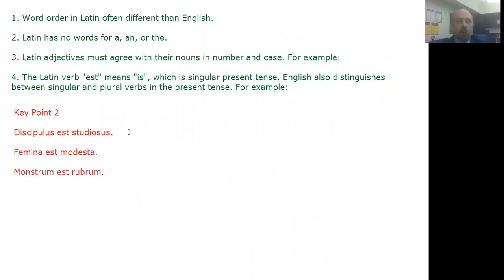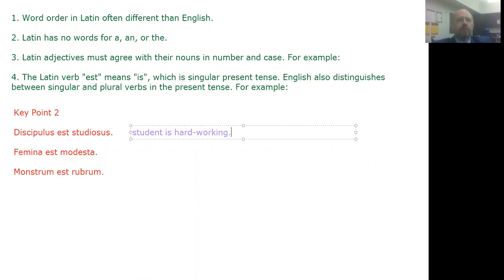Okay, so now when I translate, let's say I'm going to translate discipulus est studiosus from Latin into English. If I just do a one-for-one translation, what I get is student is studious, or student is hardworking, right?